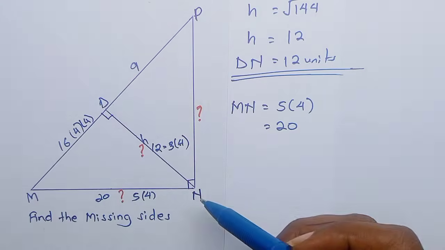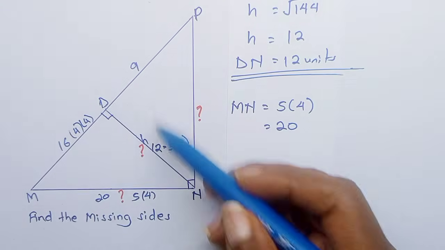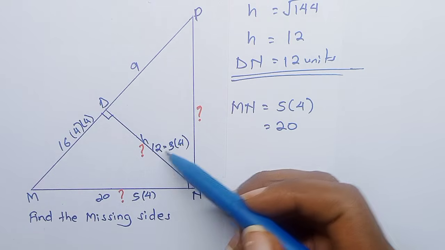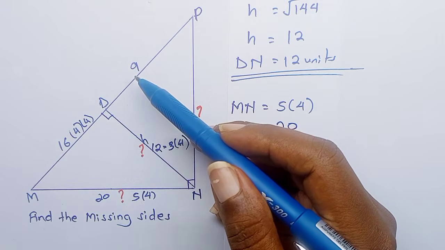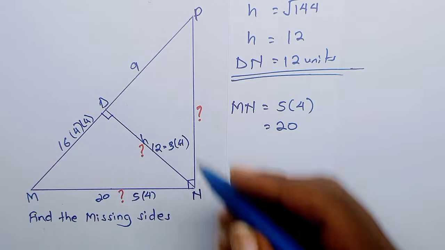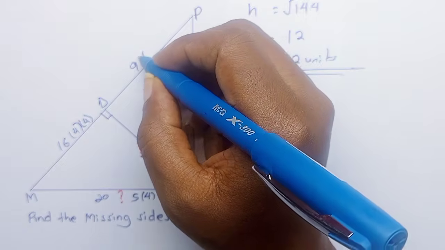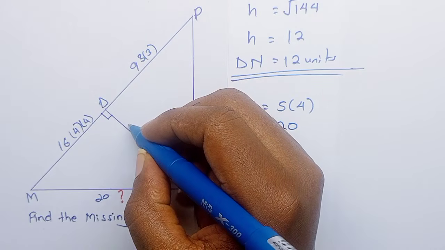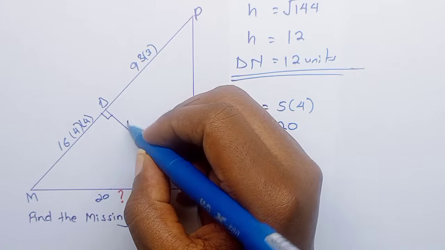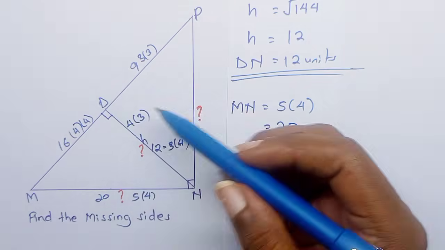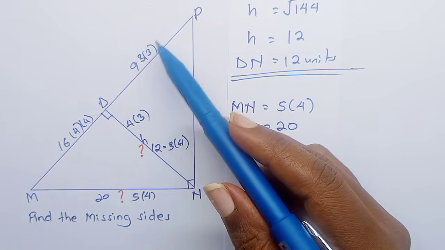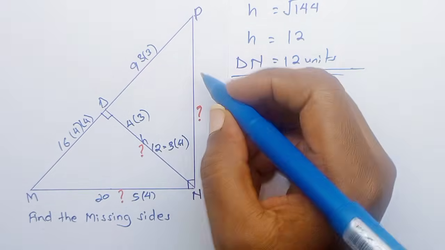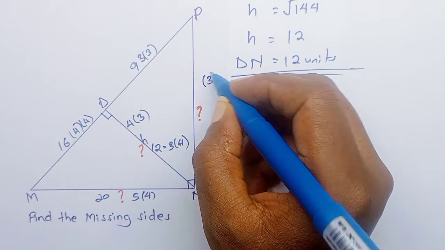Next, let's focus on this triangle NDP, this one here. We can see that this side is 12, this side is 9. So 12 can be the same as 4 by 3, and 9 is 3 by 3. So as you can see in this triangle DPN, we have the common multiple as 3. That implies that also this side PN will have a common multiple of 3.